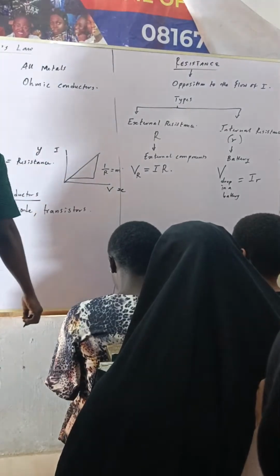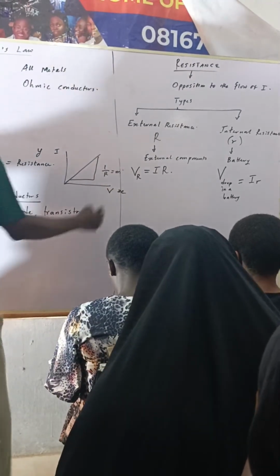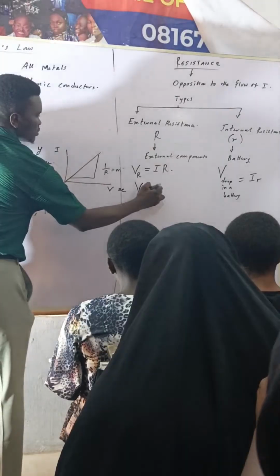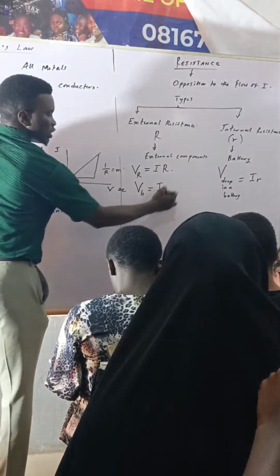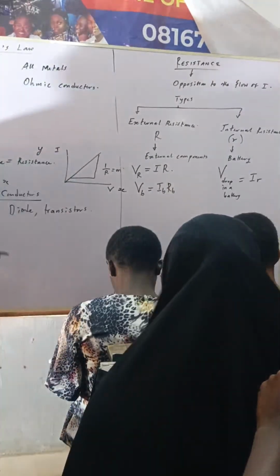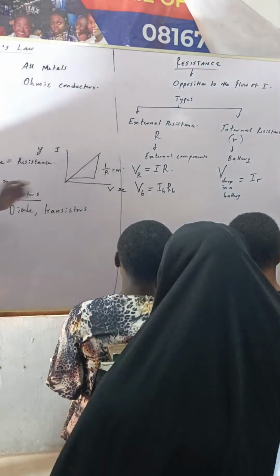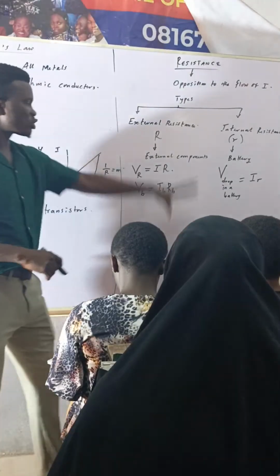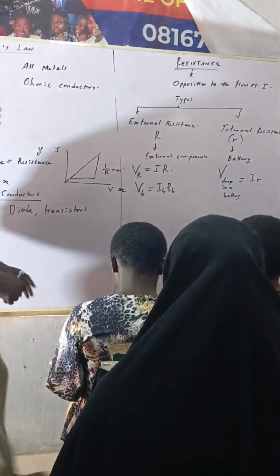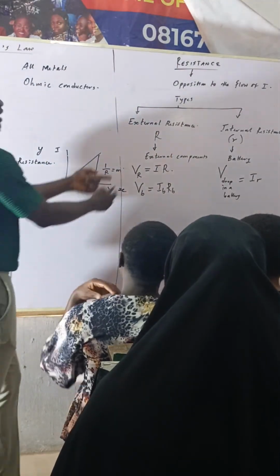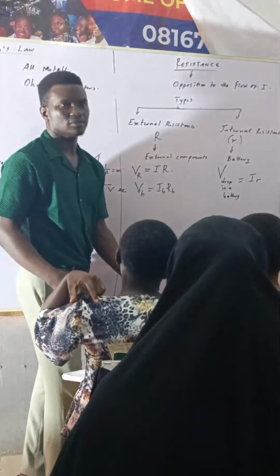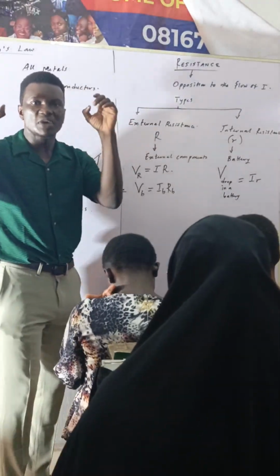If I say calculate the voltage drop across the bulb, that means the voltage across the bulb is going to be the current across the bulb multiplied by the resistance of the bulb. Are you getting the picture clear? So these are the two types. If I say what is the total voltage drop, then I will add this and this, and that is what we call the EMF.